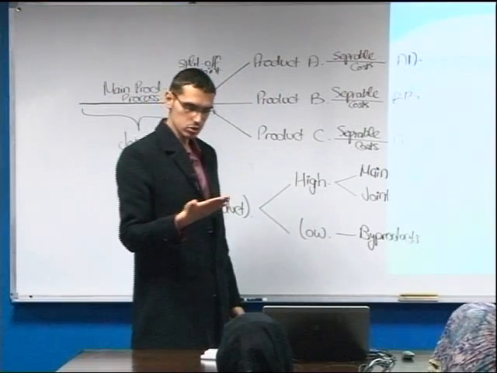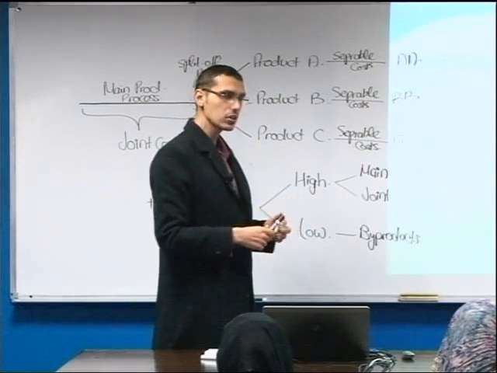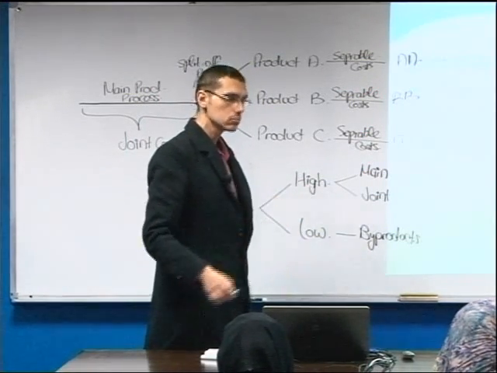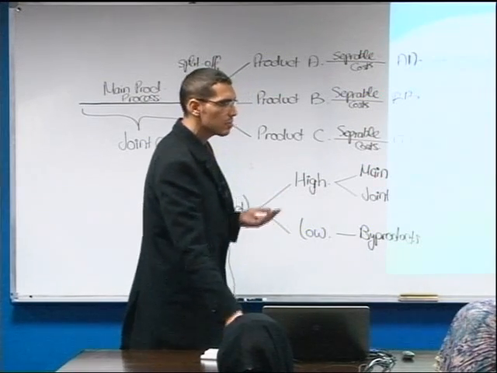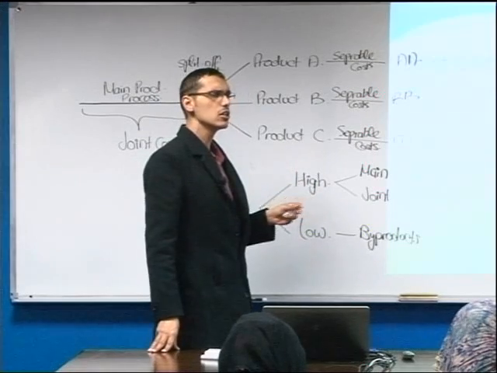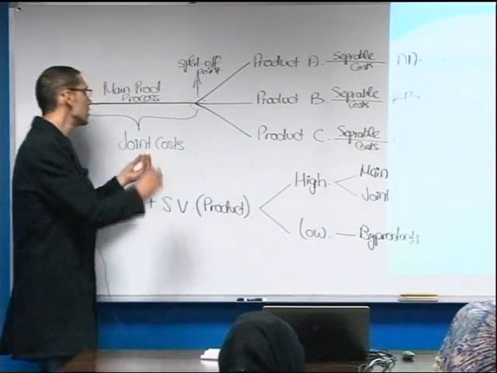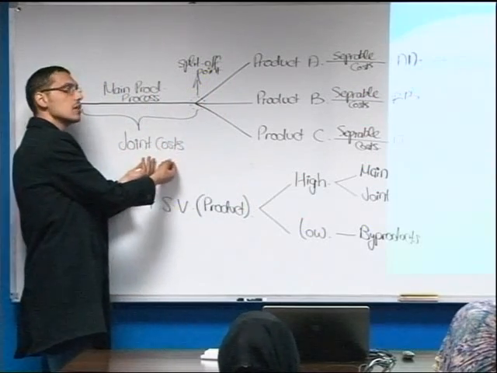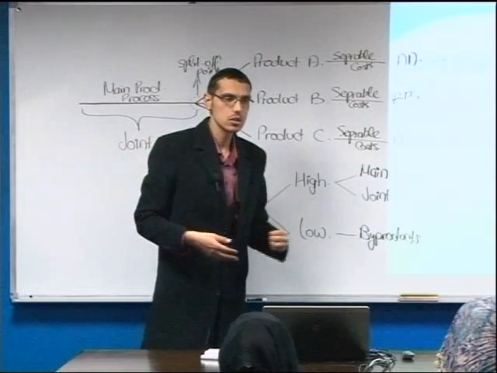allocating joint costs. Why do you think that we need to allocate the joint costs? We said that the main reason of this chapter is to understand the methods by which we are going to divide or allocate these joint costs onto the different products.